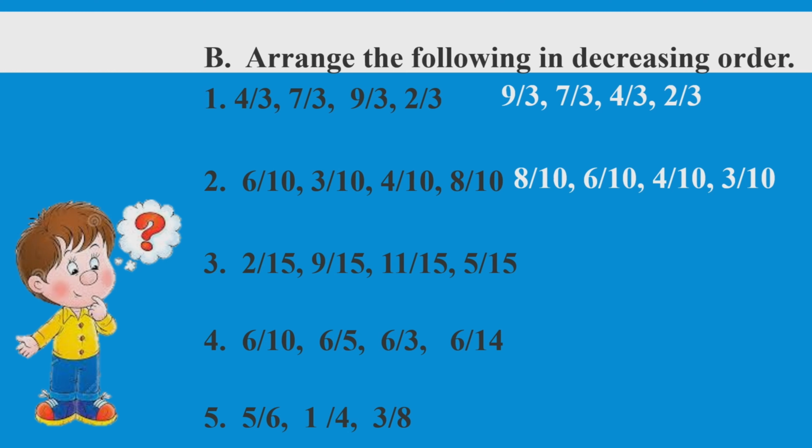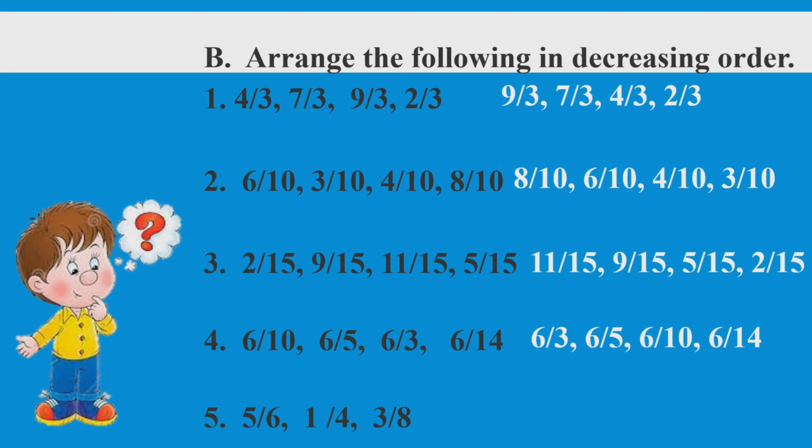Number 3, 11 over 15, 9 over 15, 5 over 15, and 2 over 15. 4, 6 over 3, 6 over 5, 6 over 10, and 6 over 14. For number 5, 5 over 6, 3 over 8, and 1 over 4.